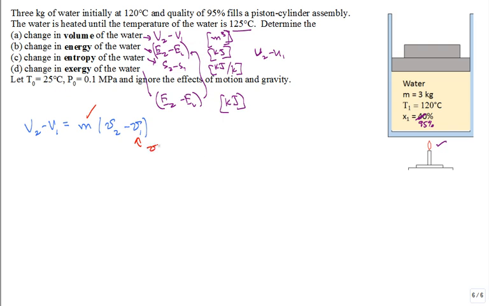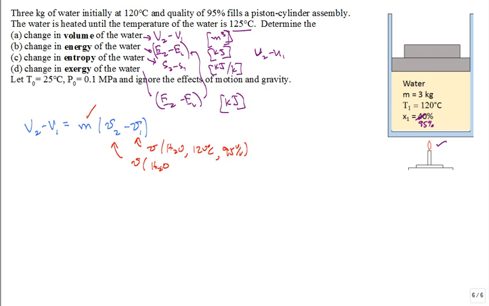The specific volume of water at state 1, which is 120 degrees C and 95% quality. Can you do that? And then I just need to find V2, which is still water, but I need 2 properties to fix the state so I can get the specific volume of water.